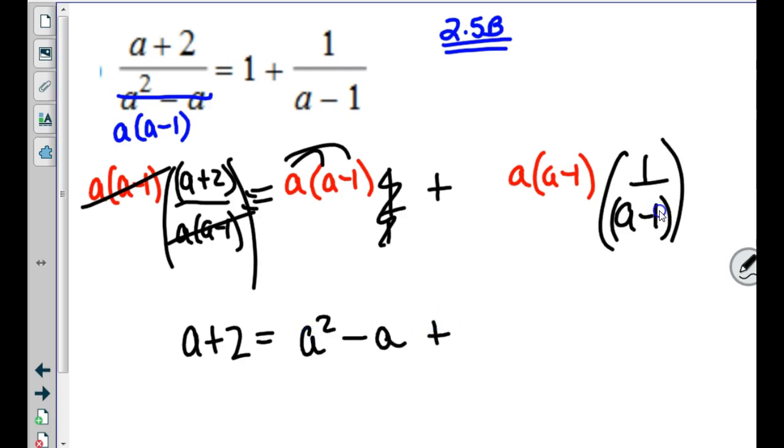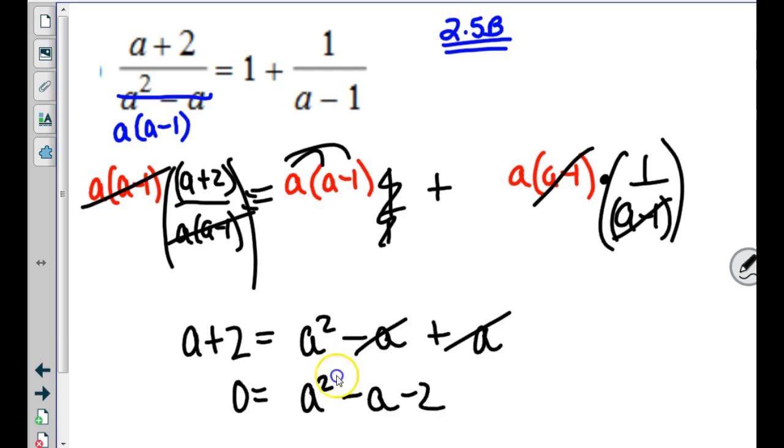Plus, what happens back here? A times 1. Yes, we're multiplying. So we get a. So we have a squared. These will drop out. I'm going to leave a 0 over here. So I'm going to leave a positive a squared minus an a and a minus 2.